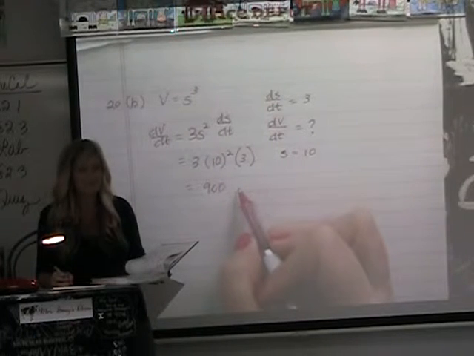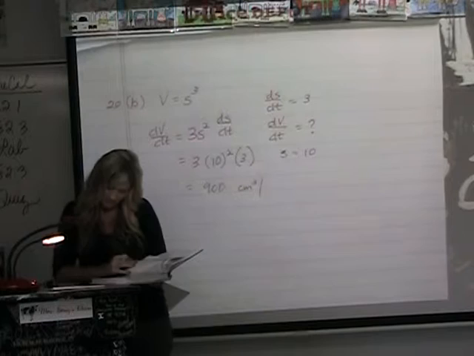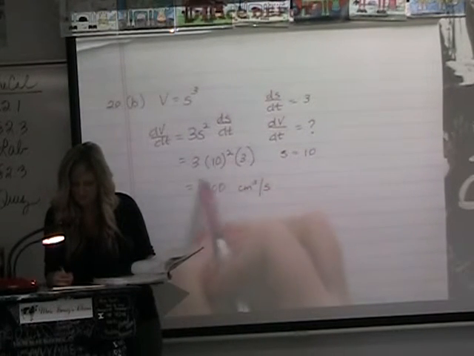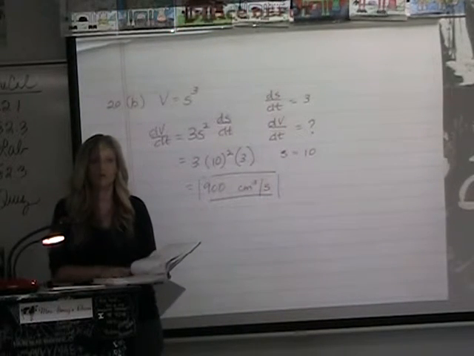And since we solved for dv by dt, that's centimeters cubed per, what was the time measured in for that one? Second. Did you see where you missed it? Yeah. Okay.